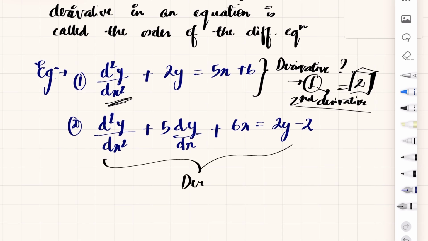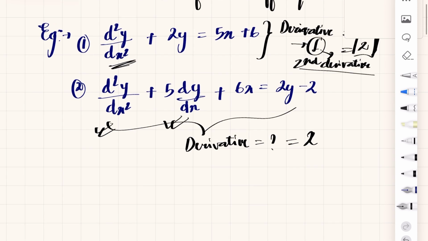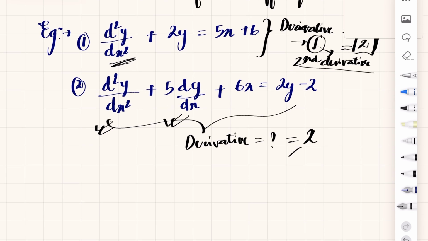Okay, so what about here? How many derivatives are there in this equation? We have 2 derivatives. And which one is the highest? Another one is dy by dx. These are the derivatives, but which one is the highest?